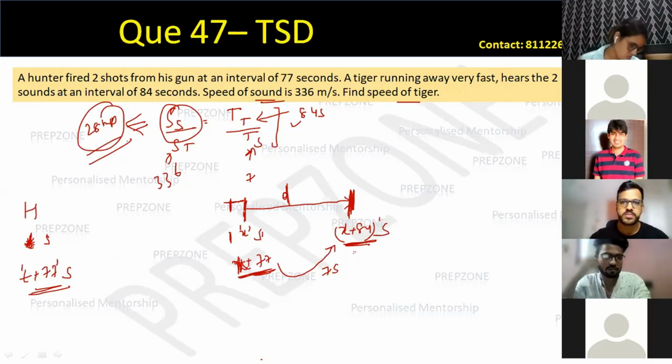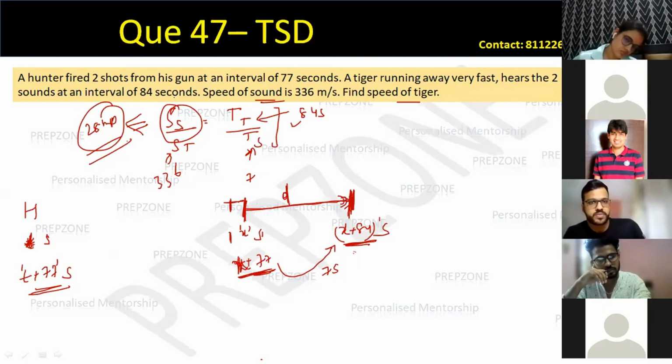But now what is given is he actually moves forward. He's running away very fast, and he hears the two sounds at an interval of 84 seconds, which means if he hears the first at x seconds, he hears the second shot at x plus 84, which means the tiger has moved the distance in 84 seconds.